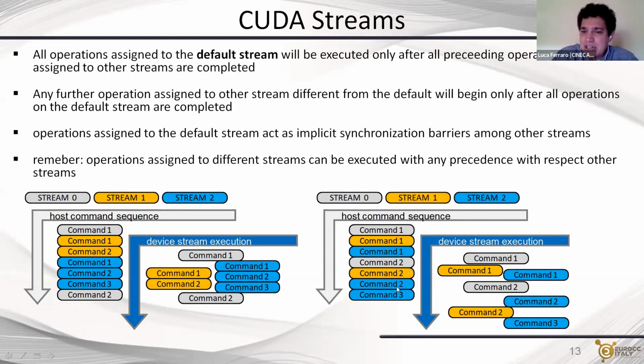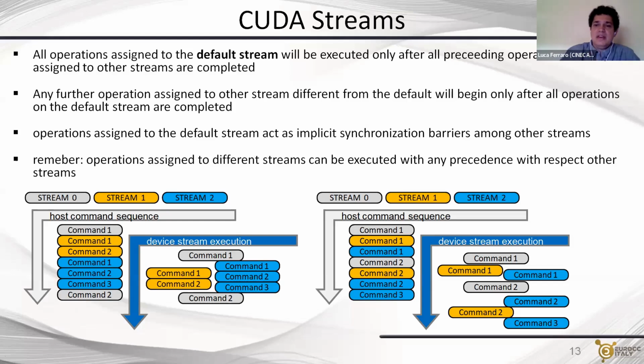So command 2 and command 3 will be executed in the right order, first command 2, then command 3, but they can be interleaved with other execution on other streams. For example, command 2 blue, command 2 gold, and then command 3 to end up.